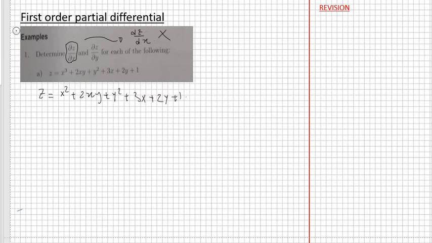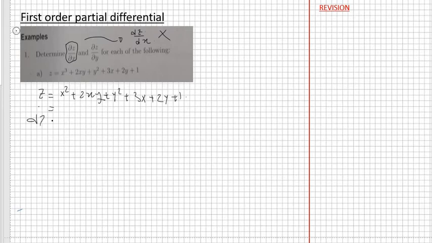The reason is simply because we have a multivariable function. So here the trick is to derive this function with respect to x, you just need to treat your y as a constant. All the y that you see in the expression, you just treat them as a constant. So for instance, in this function, we have x squared that can be derived.